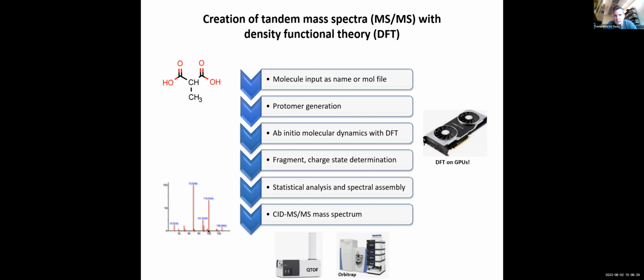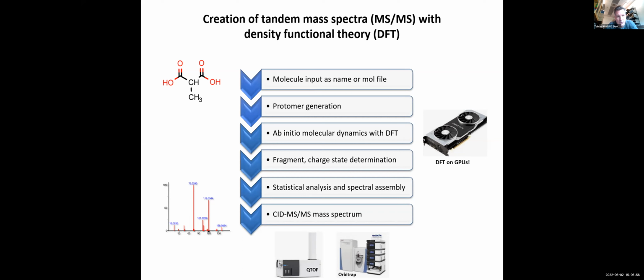The reason is that the majority of data sets in metabolomics are now generated by LC-MS. And so lots of labs work with tandem mass spectra, they work with liquid chromatography, and they want to really gain insights. So here, a tool that really can explain fragmentations or create CID MS spectra could be very valuable.